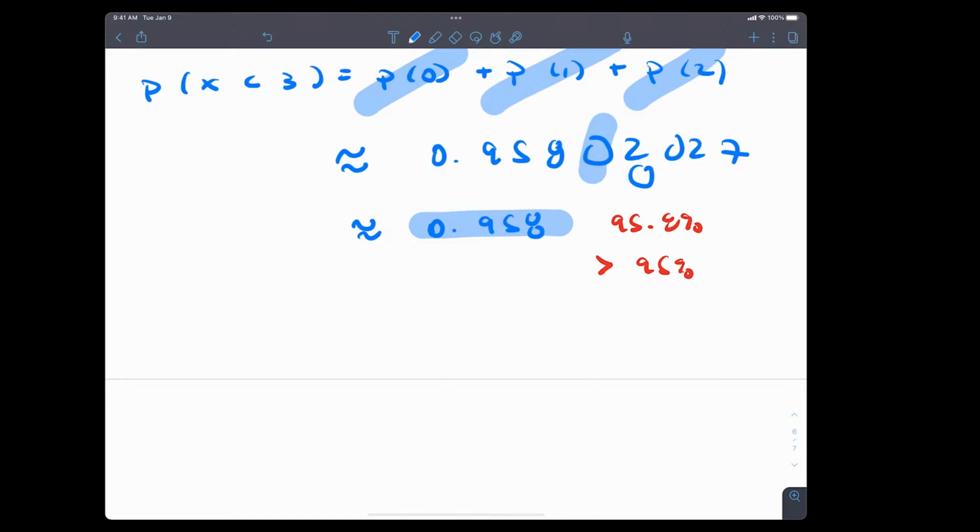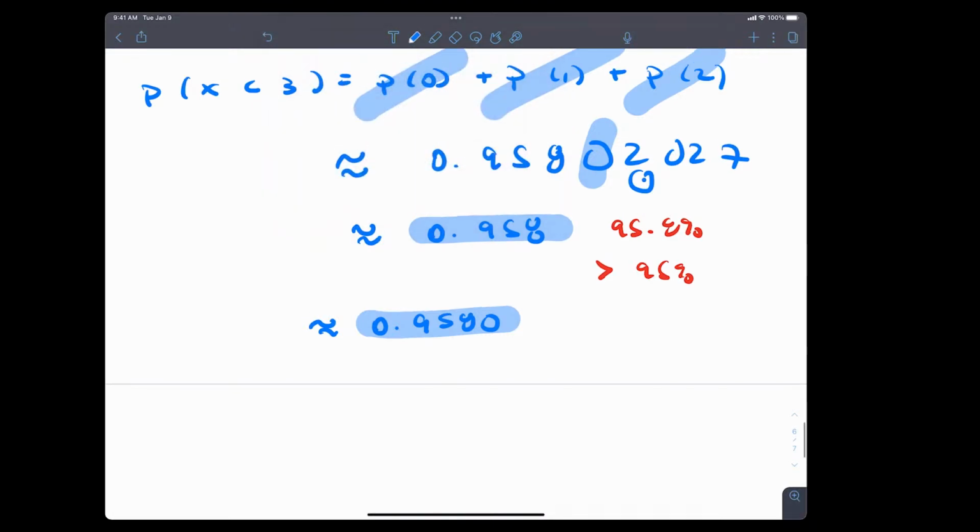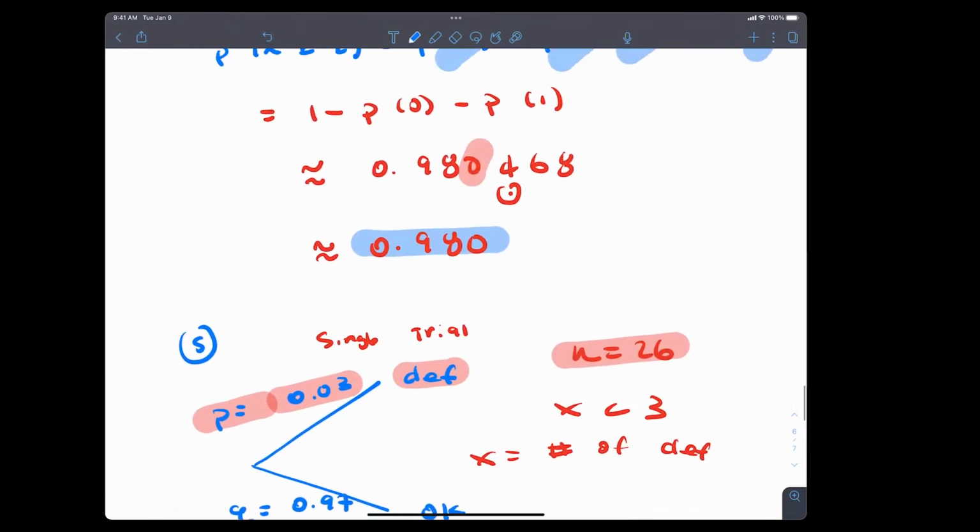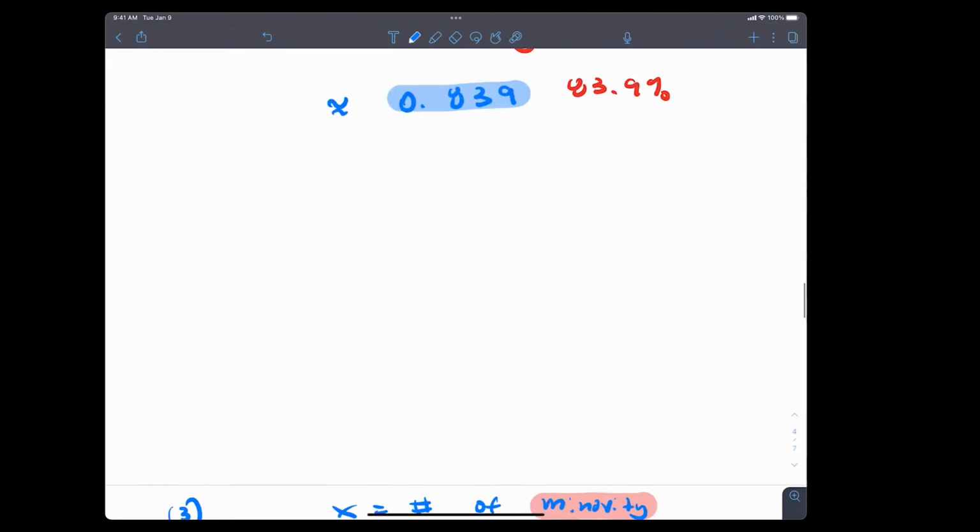And the digit to the right is a 2. So sure enough, you do not add 1 to 0. So it's 0.9580. And yeah, it's now consistent with the answer there. All right, pretty good.